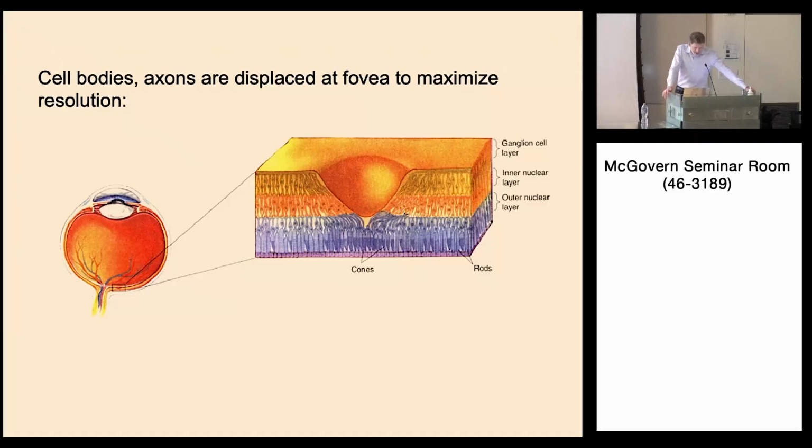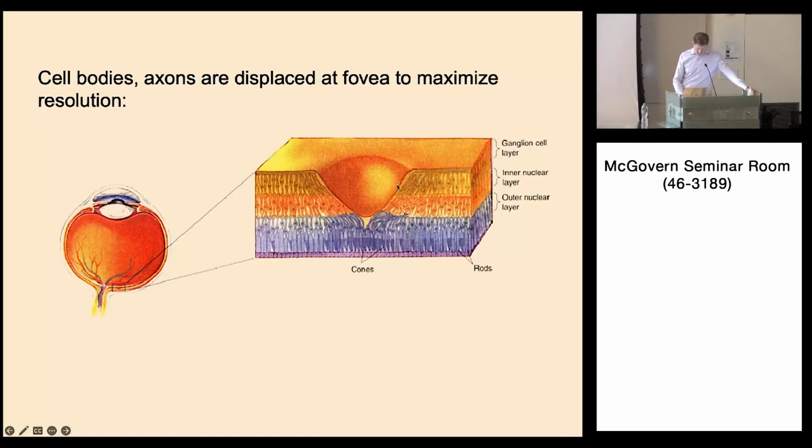One of those is at the fovea, which is the center of your gaze, and as we will discuss later in this lecture, the center of your gaze is where your spatial resolution is highest, right? So normally if you want to look at something, you direct your fovea to that something, and then you can get a very high resolution image. Okay. So at the fovea, the cell bodies and the axons are displaced, and this is presumably to maximize the resolution in the part of the eye where the sampling is densest and where you really want very good spatial resolution.